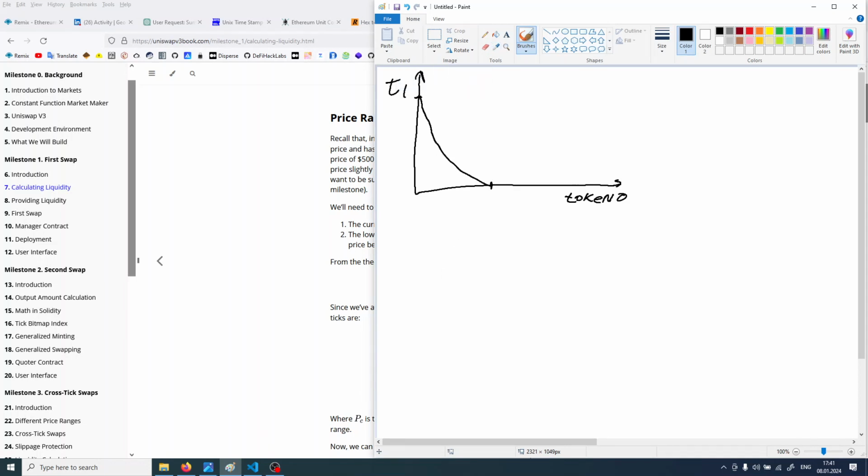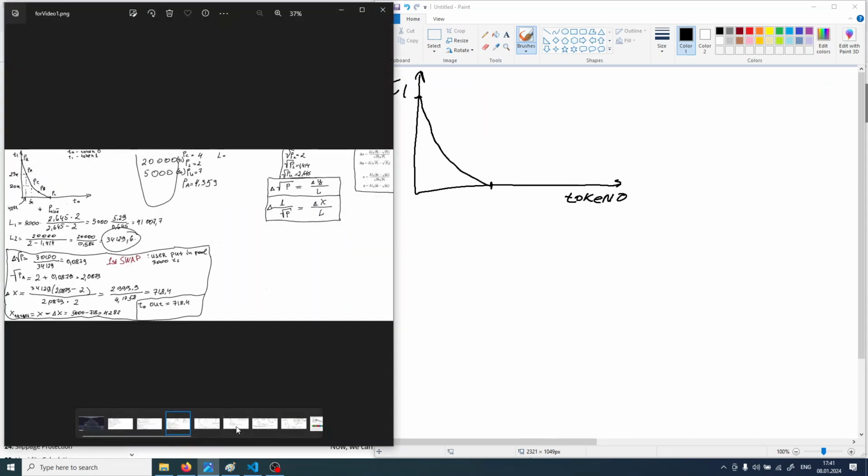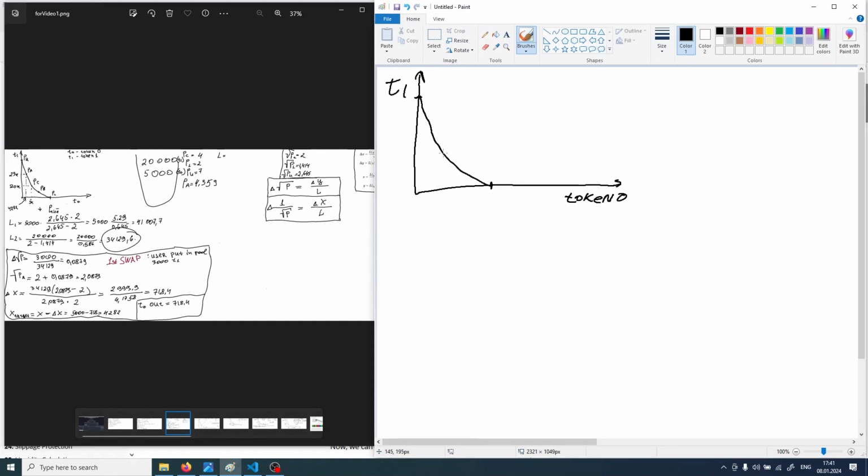For example, let's take the current price. It will be P current. P current will be 4. Why? Because we store in this pool liquidity in amounts of 20k, 20,000, and here 5,000.